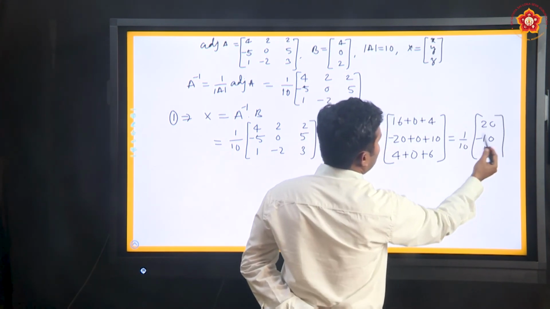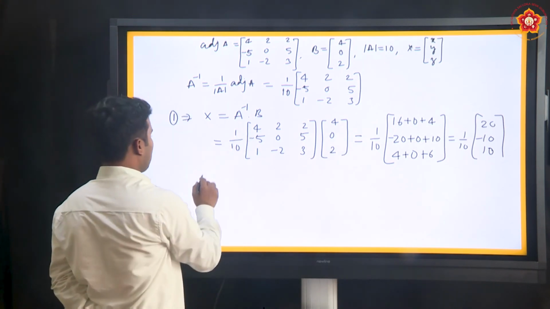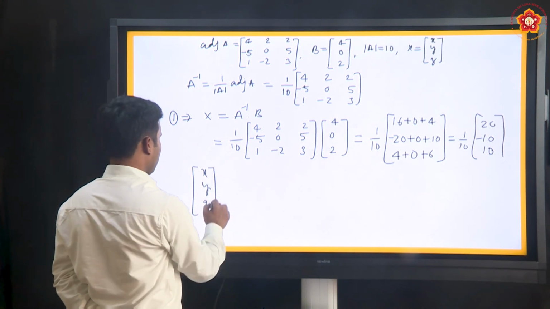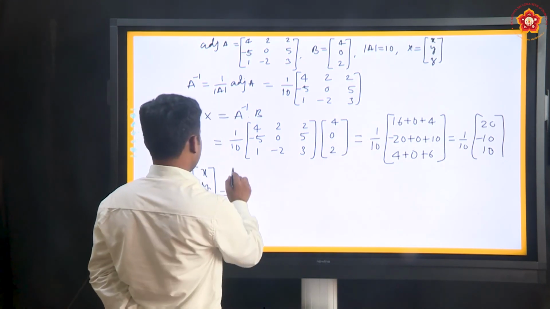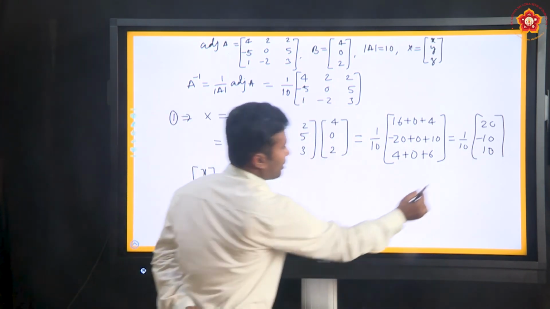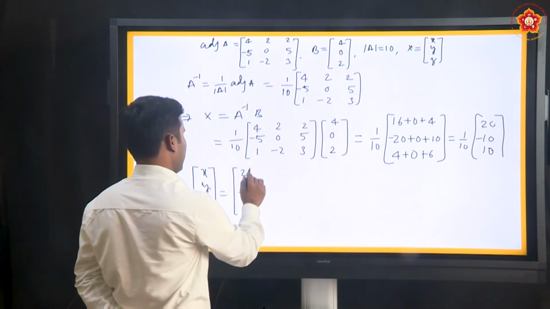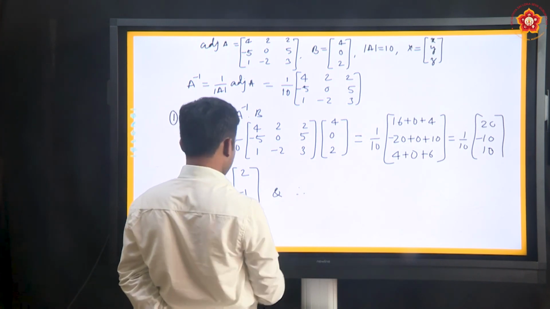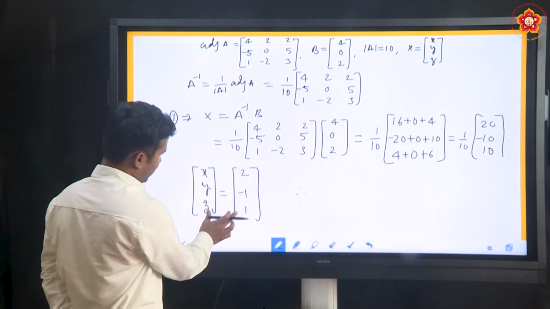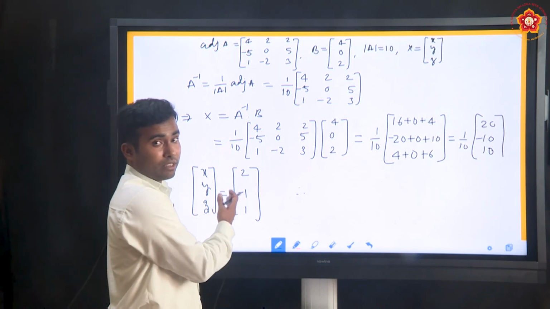So now you multiply 1 by 10 to each entry after the multiplication of A inverse into B. So X, Y, Z is equal to 20 by 10 is 2, minus 10 by 10 is minus 1, 10 by 10 is 1. Therefore, we have two equal matrices, so you equate the corresponding elements.